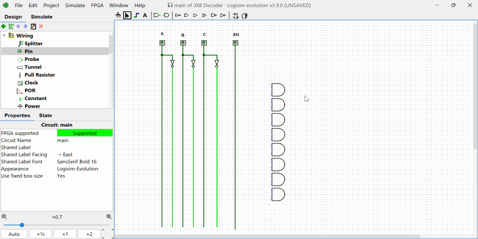Then after we connect the first pin to the enabler. So connecting each of the first AND gate pin to the enabler. So this is our 3 by 8 decoder. Just watch it carefully how it is demonstrated.